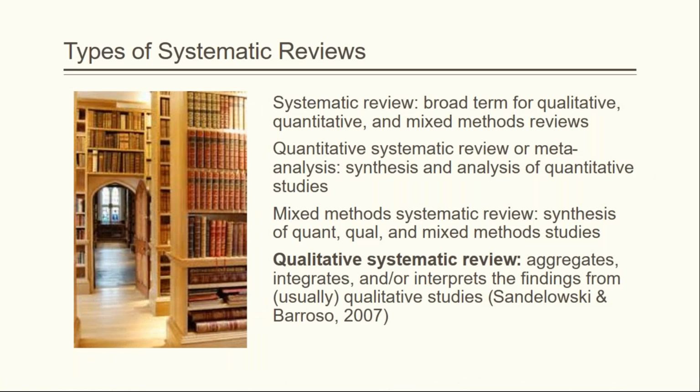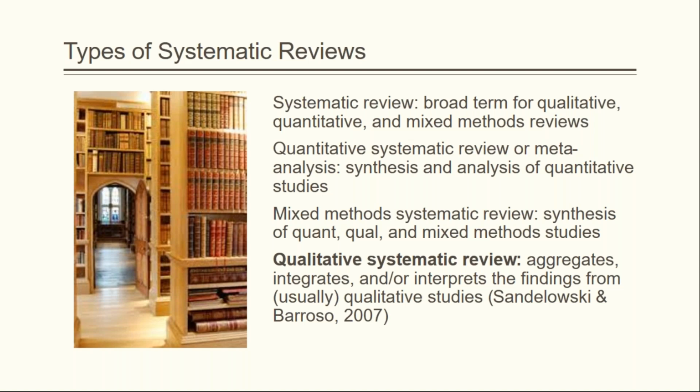So first, the term systematic review is a broad one that refers to quantitative, qualitative, and mixed method systematic reviews. Quantitative and meta-analysis is the term for the synthesis and analysis of quantitative research. Mixed method systematic reviews include quantitative, qualitative, and mixed method studies. And qualitative systematic reviews aggregate, integrate, and or interpret the findings from usually qualitative studies to answer a research question.